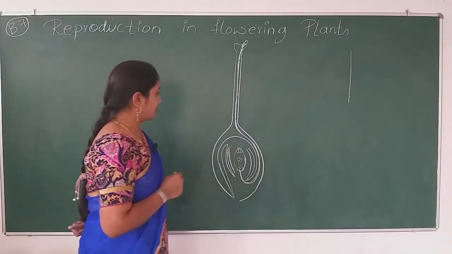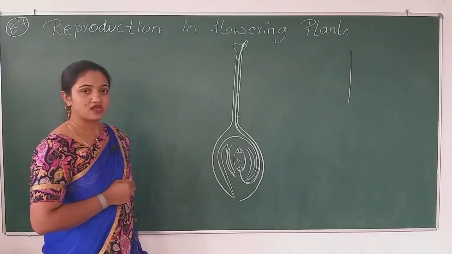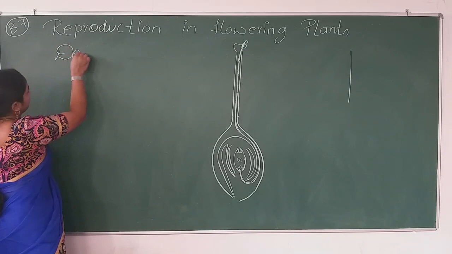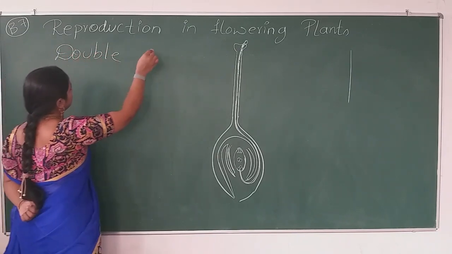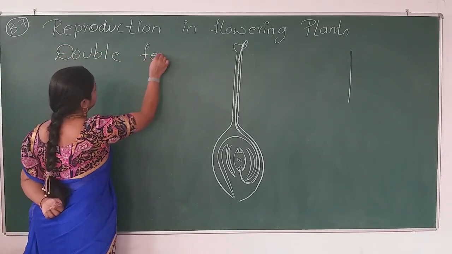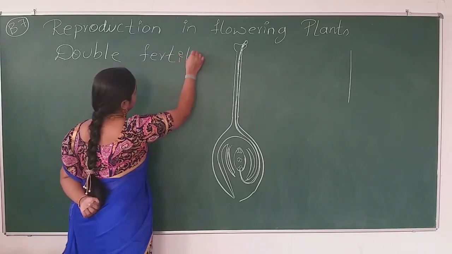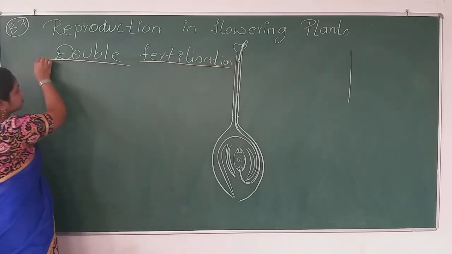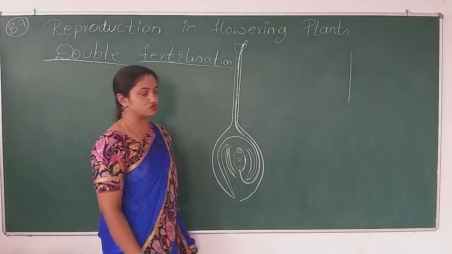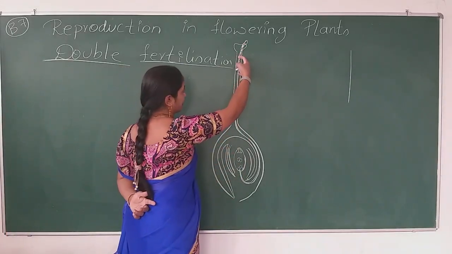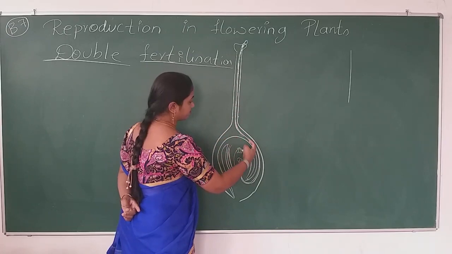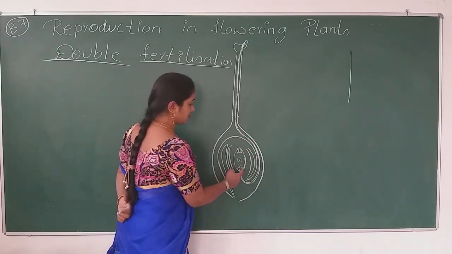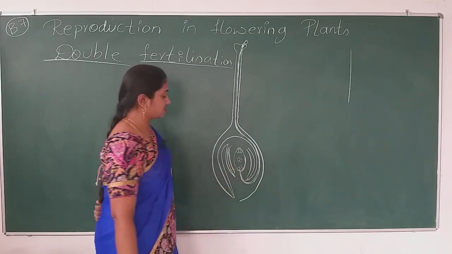So now we have a diagram of double fertilization here. Let me tell you about that. As I told you, the pollen grain has started its journey, the pollen tube forms, and it releases the male gametes to the synergids.